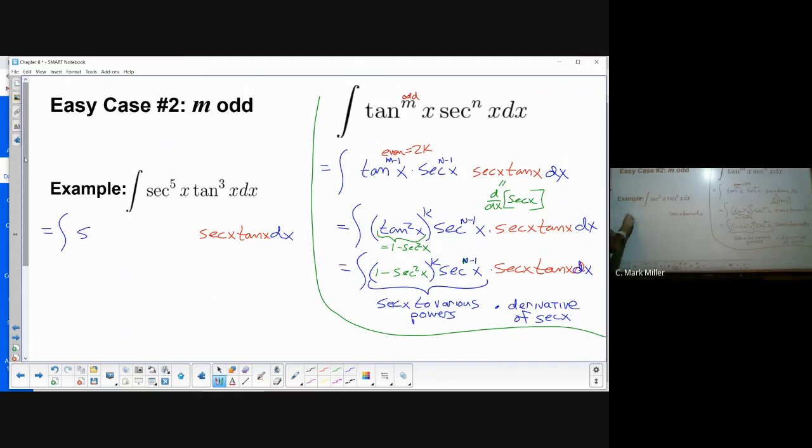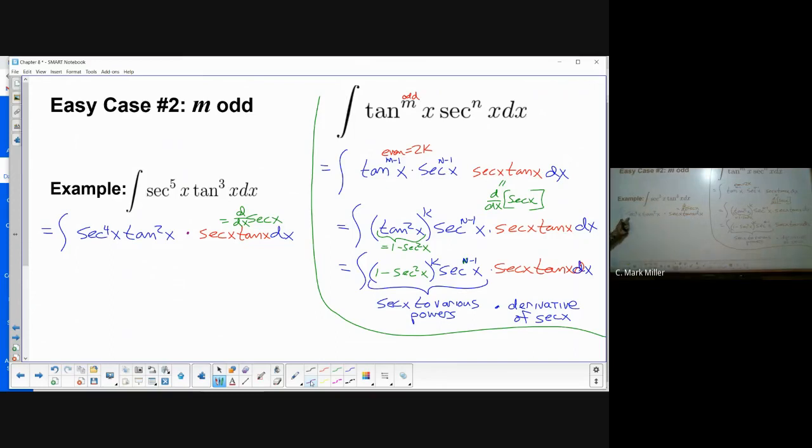That is now secant to the 4th tangent squared x, all times secant tangent. So this is the derivative of secant out here. Oh, did I say tangent? Secant, I meant.